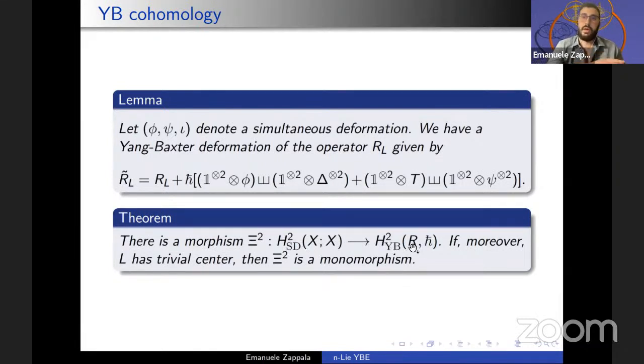So basically, you have a very principled way of taking a Lie algebra cohomology and sticking it inside the Yang-Baxter cohomology, which is not necessarily a trivial thing, because in general, computing Yang-Baxter cohomology is a very, very difficult task. So it's usually done by computer. But this is a nice way of doing this, for Yang-Baxter operators of a certain type.